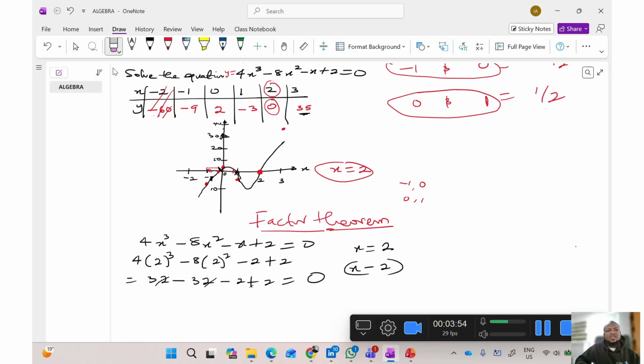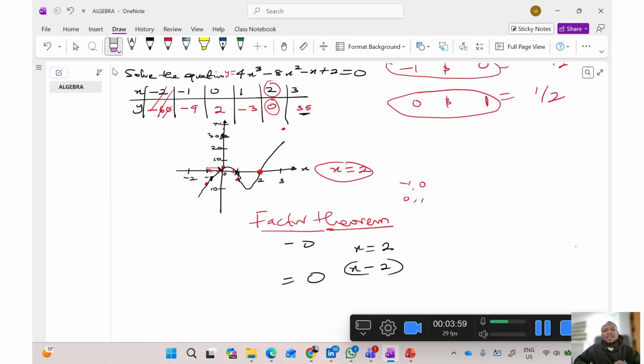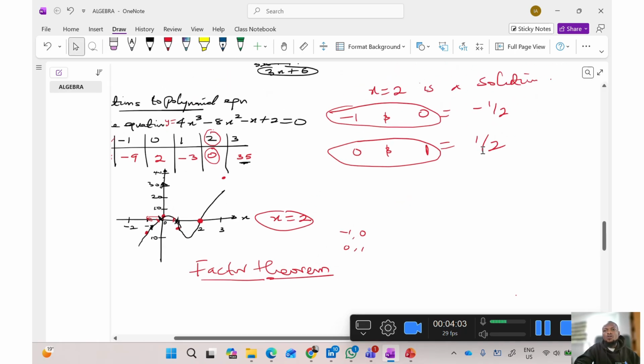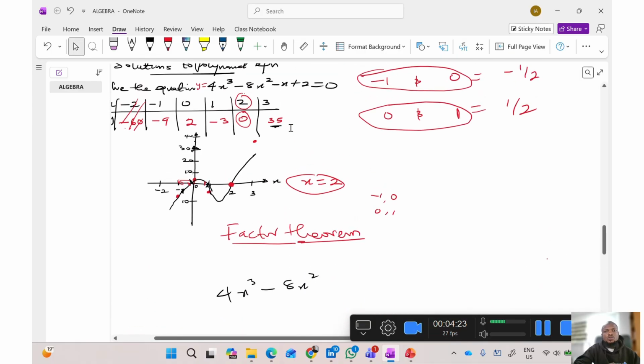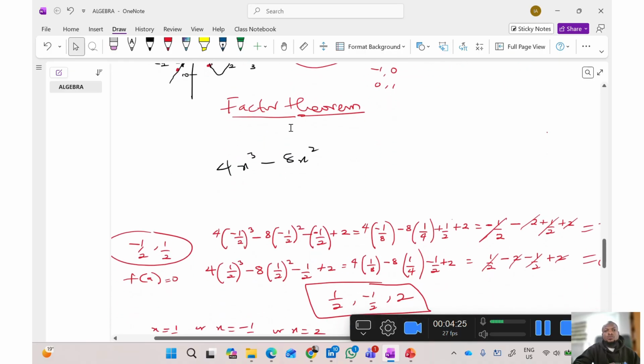So if this is the case, then I can now try that for the two guess values of x, of -half and half, to see if these two values are solutions to this polynomial equation. Okay, so let's try that now. You can see it here. The equation, like I said earlier, was 4x cubed minus 8x squared minus x plus 2.